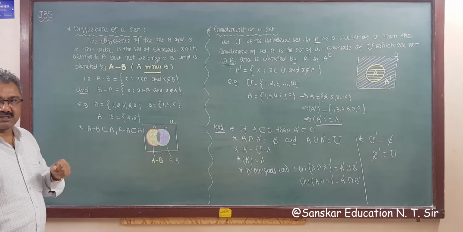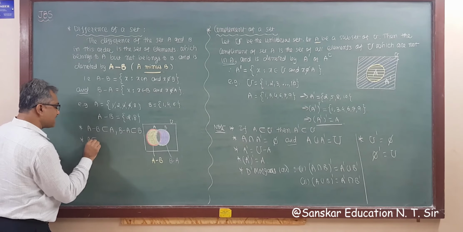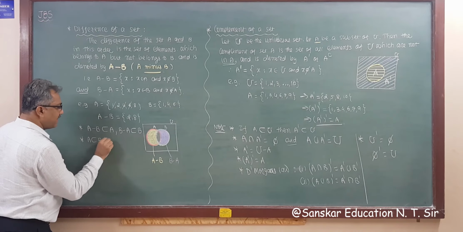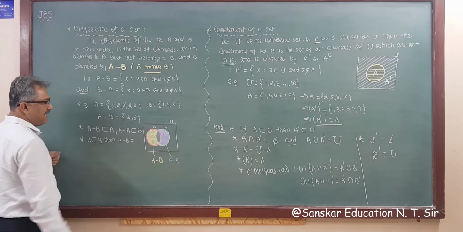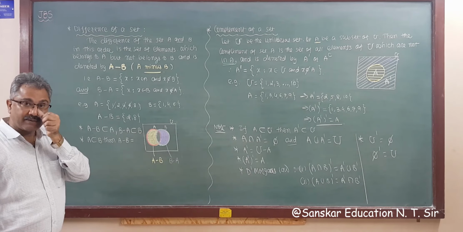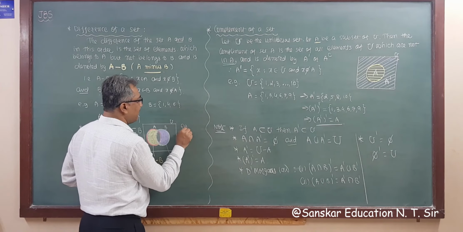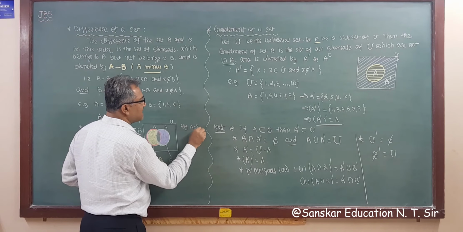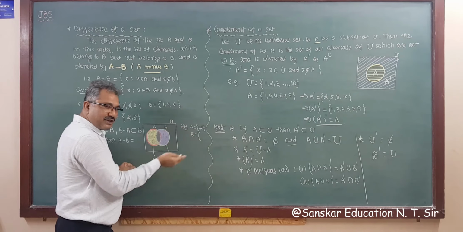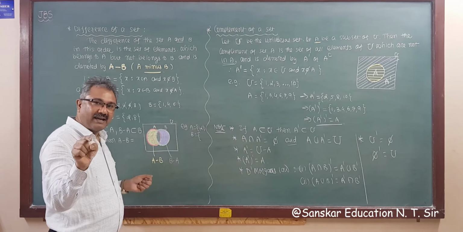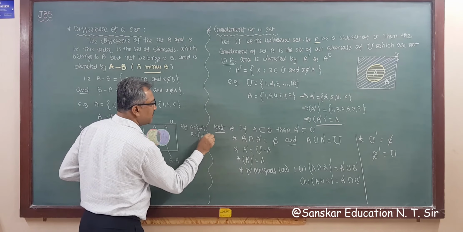Now suppose A is a subset of B. Then what is A minus B? A is a subset of B means A is a small set. For example, suppose A is {1, 2}, and B, since A is a subset of B, means all elements of A must be in B. So I am taking B as {1, 2, 3, 4}.